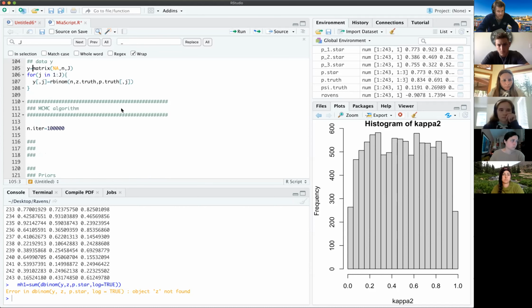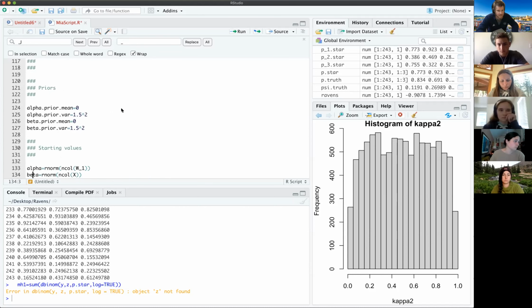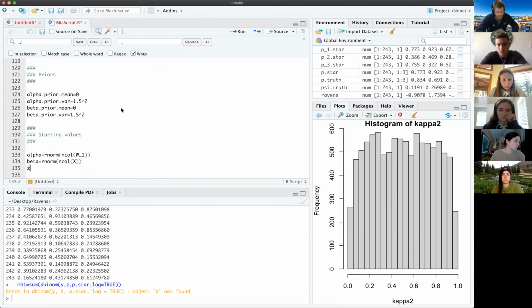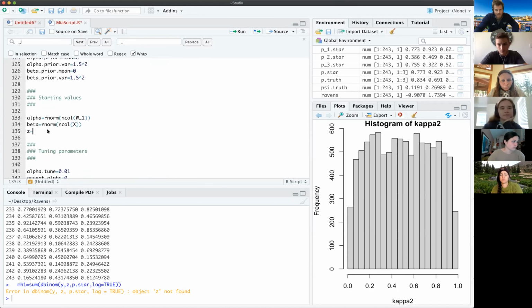Starting values. We need z's. We have to be careful with our starting values for z. I hinted at this a few lectures ago when Bryant asked whether the order mattered and how we could change things around. I said sometimes it doesn't matter in principle as long as your starting values are good. And sometimes you have models where we can't have a z that is less than our actual counts.